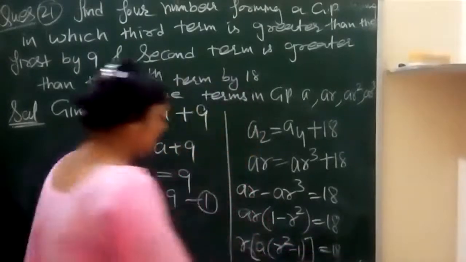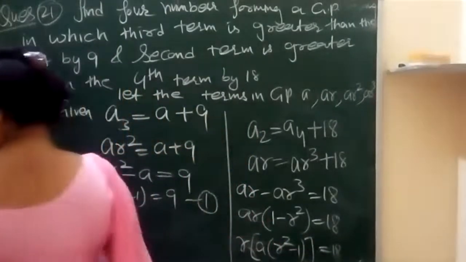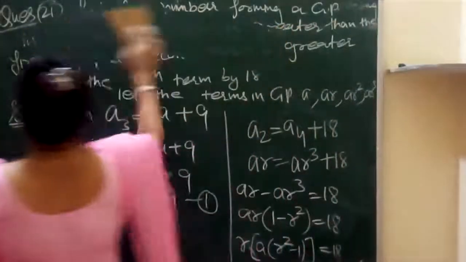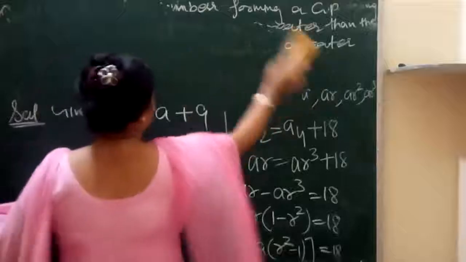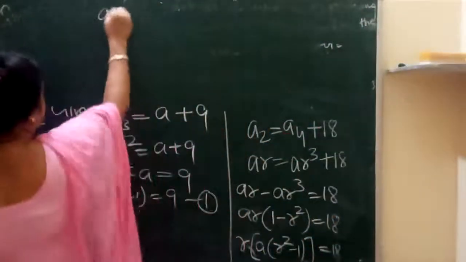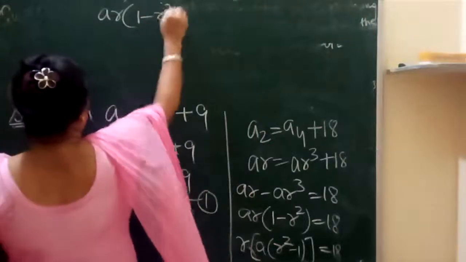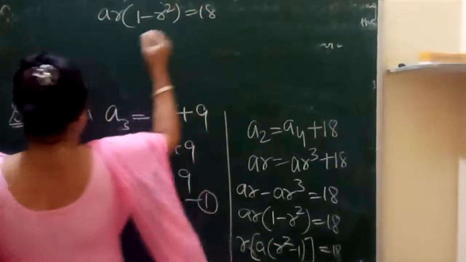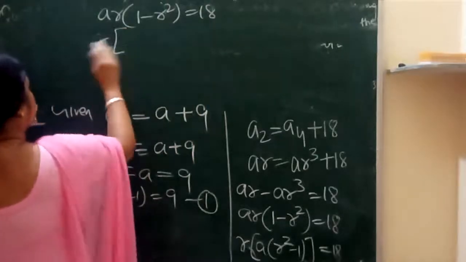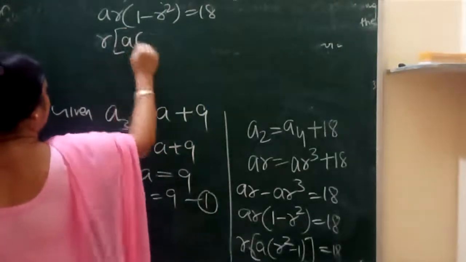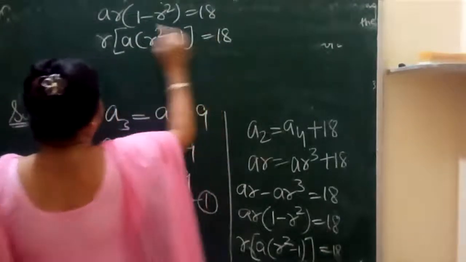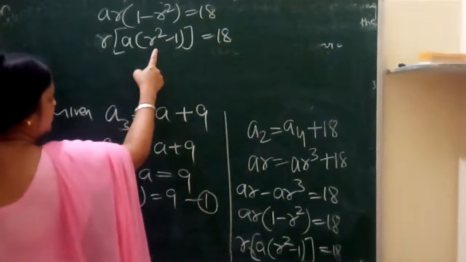In this step, AR into 1 minus R square is equal to 18, we write 1 minus R square as minus of R square minus 1.